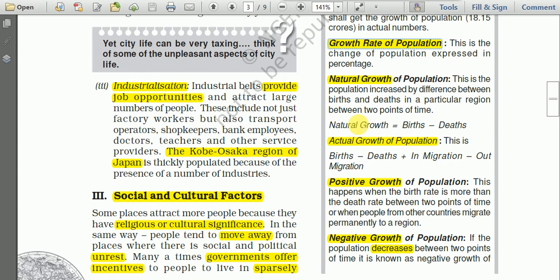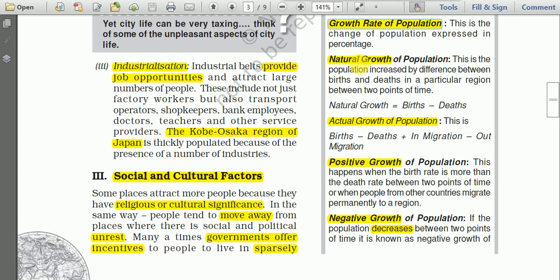Next we have natural growth of population. Natural growth of population is the population increase by difference between birth and death in a particular region between two points of time. See, the formula is given here.